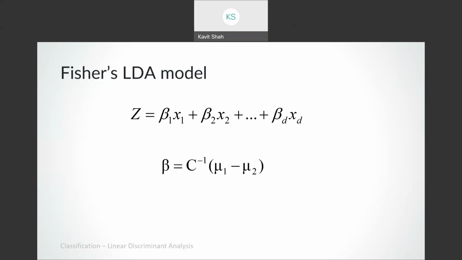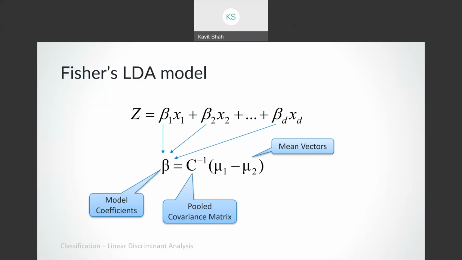From this, we can say that the estimated coefficients, beta, would be of the order of the difference of the means between the two classes, that is mu1 minus mu2, multiplied by C inverse, where C is the pooled covariance, which is the weighted average of the covariances of the two classes. So C1, C2 are the covariances for the two classes, and this represents the pooled covariance.